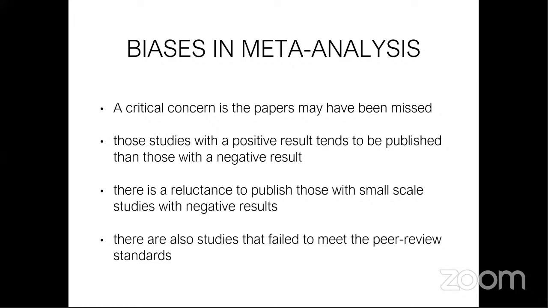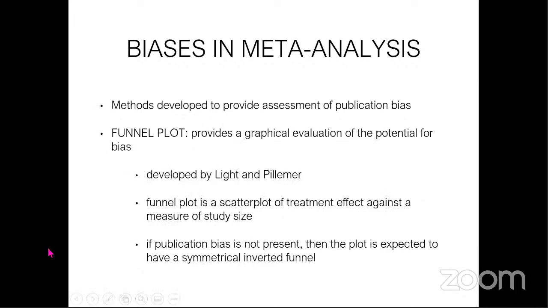So you did not do an extensive literature search, and you may have missed a critical paper. Those studies with a positive result, as mentioned, tend to be published more than those with a negative result. So there is reluctance to publish small-scale studies with negative results. And there are studies that also fail to meet peer review standards.